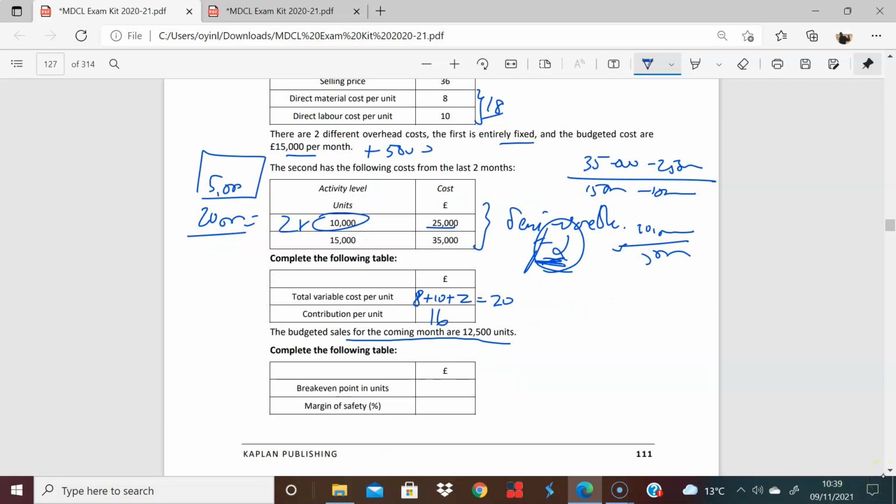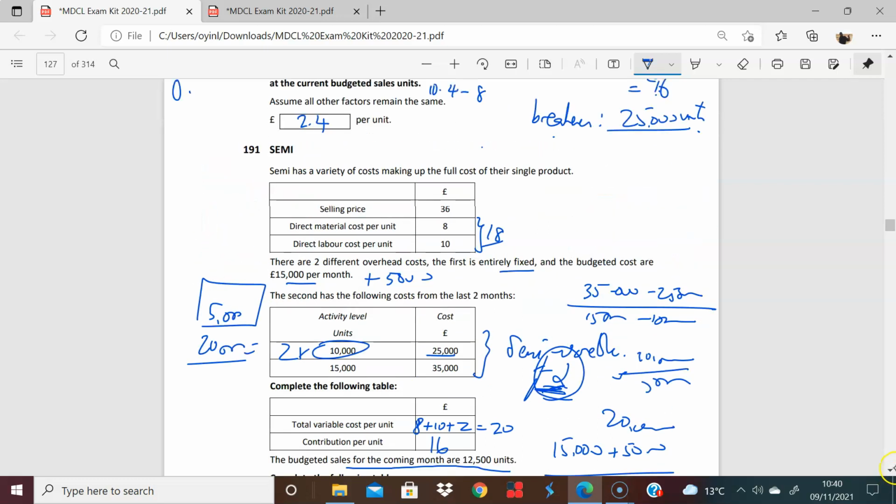So that's the situation, 12,500. And therefore, my fixed costs, of course, are the 15,000 plus the 5,000. Those are my fixed costs, that's 20,000, as a fixed cost.